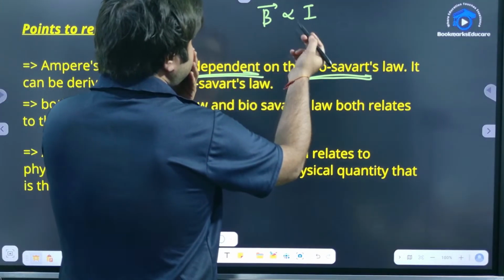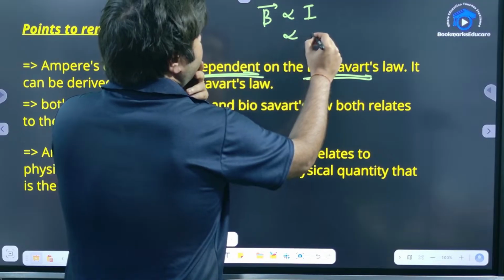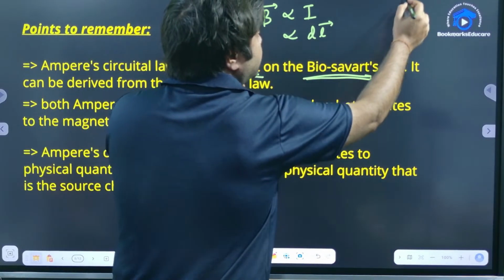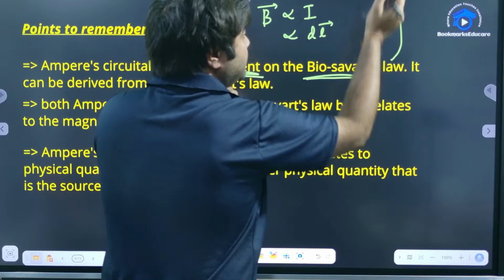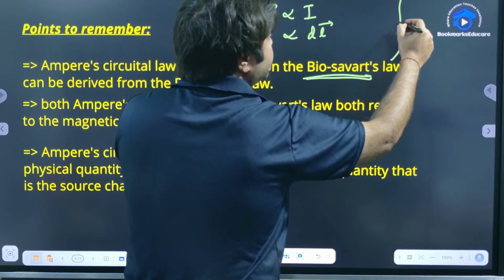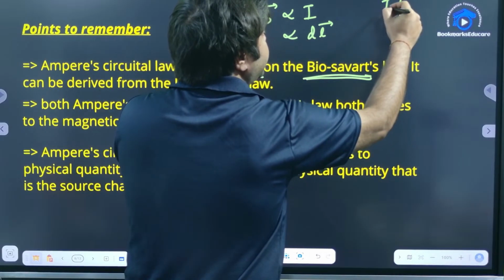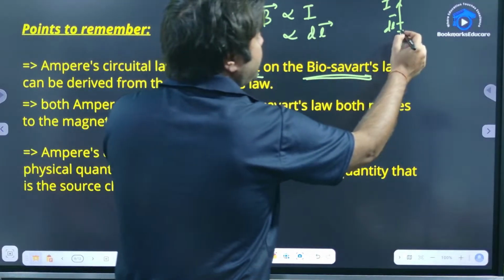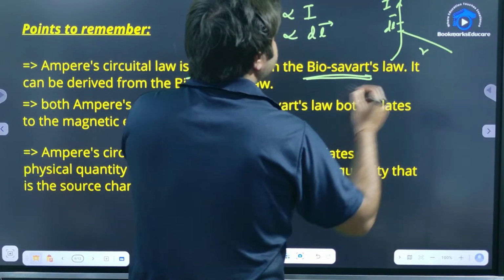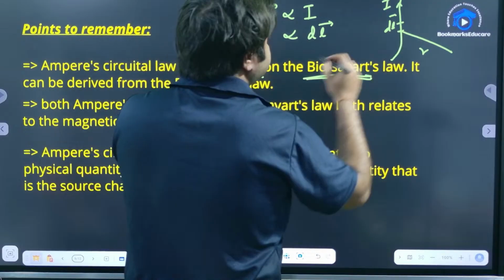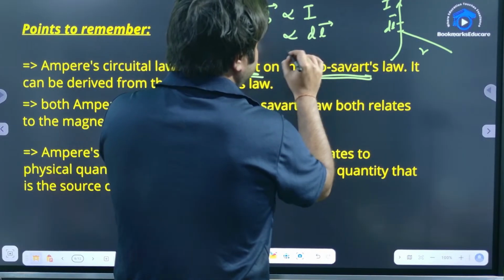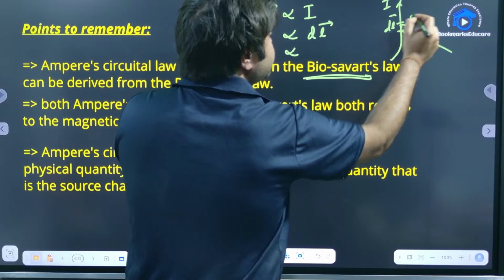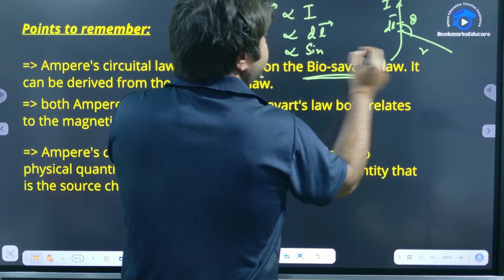Okay, then if you are considering this kind of a conductor which is carrying current I, dl is basically the small distance, and from this small distance dl, if I take this distance r, it will be proportional to sin theta, the angle between dl and r.